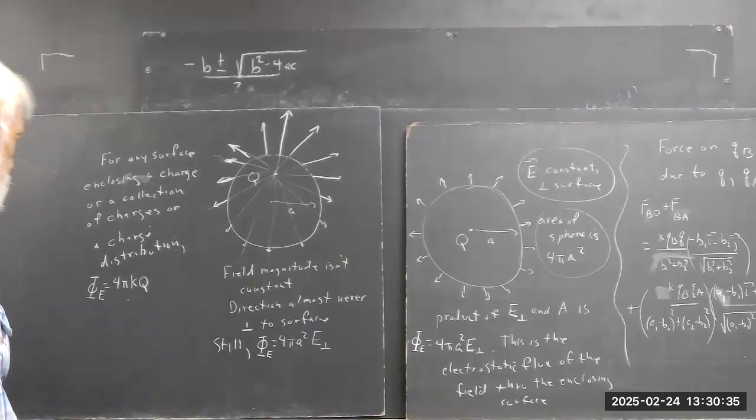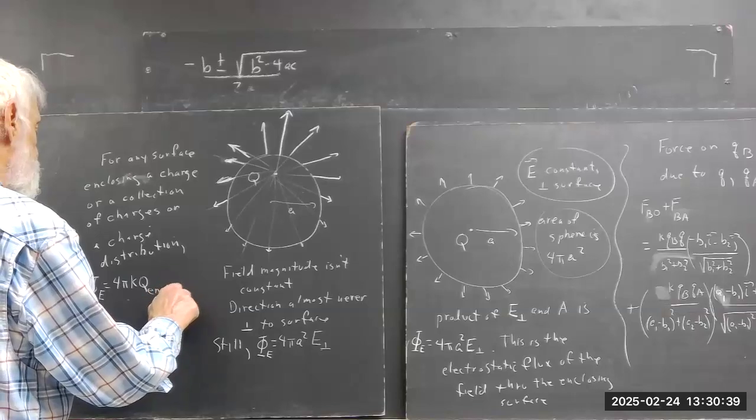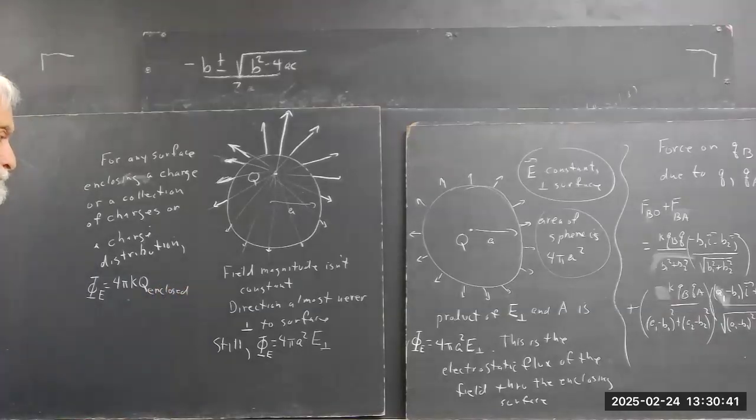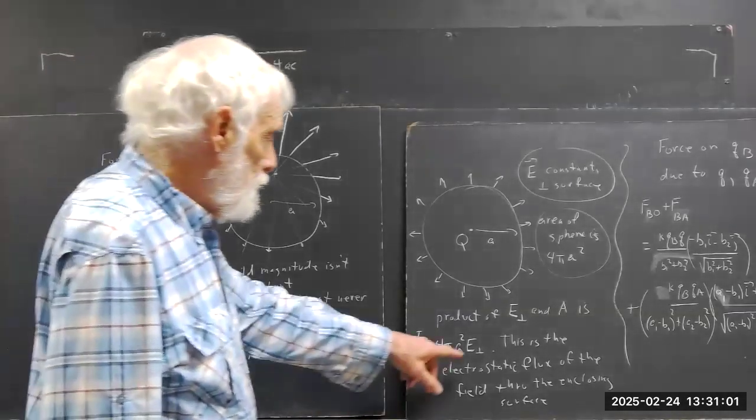The flux of E equals 4 pi k Q enclosed. Now, where does the 4 pi k come from?